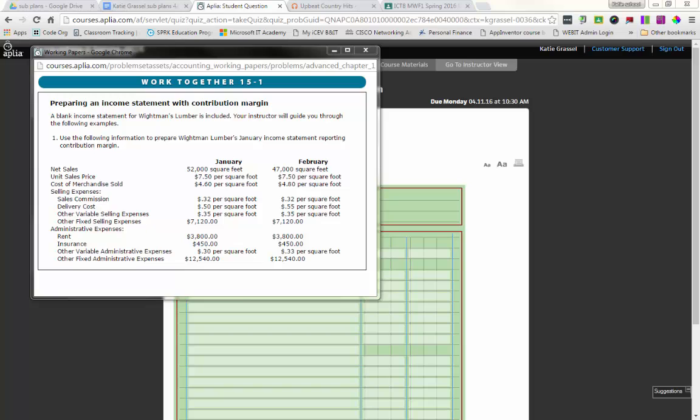Variable costs basically are going to change in proportion to the number of units that are made. When we take a look at some of our variable costs, we have an example of 1 hour of radio advertising for $150.